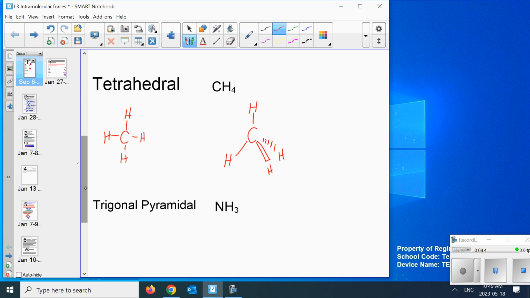Tetrahedral. It's a four-sided kind of thing. Anybody play that game with the weird dice and stuff, Dungeons and Dragons? Is that what it's called? You ever see a four-sided die? You know what those are called?